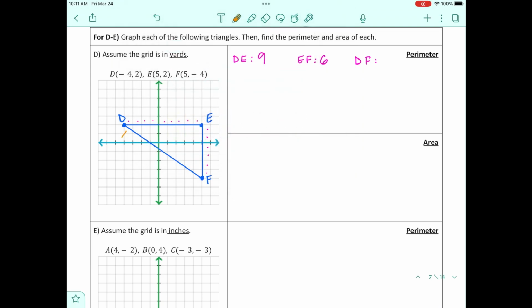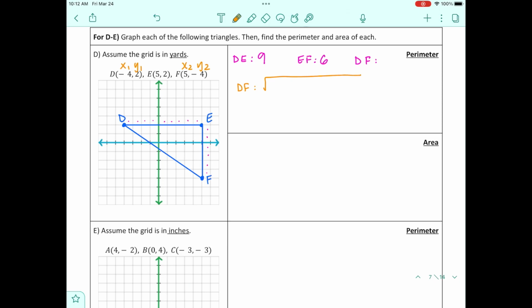So we cannot merely count the distance on DF because it is plotted diagonally on that coordinate grid. It is not lying perfectly on the grid itself. So for that, I'm going to use the distance formula with point D and with point F. I'm going to label x1, y1 for D, x2, y2 for F, and then I can find the length of DF using that formula.